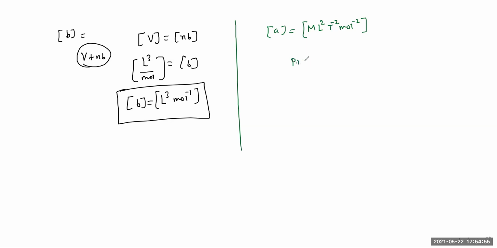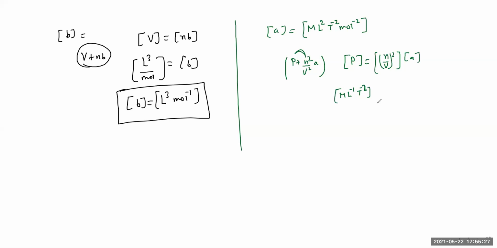So we have P plus N square by V square into A as a summation. If we are adding these two, they must have the same dimension. So the dimension of pressure must be the same as this into the dimension of A, which we are looking for. Pressure is force upon area, so it is M L minus 1 T minus 2.